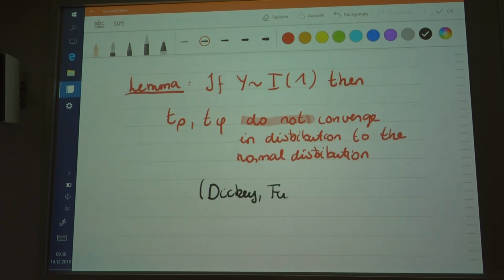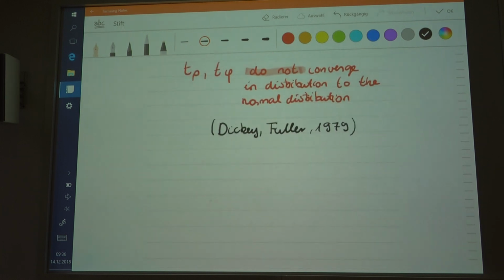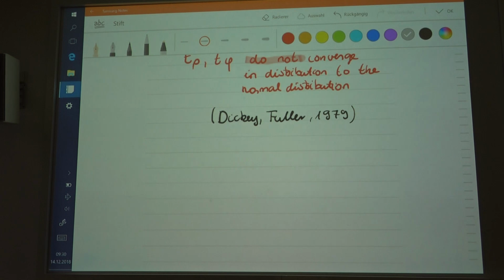The corresponding distribution that they generated was later named after them, so they follow the so-called Dickey-Fuller distribution. Now, how does the Dickey-Fuller distribution look, and how does it compare to the normal distribution?